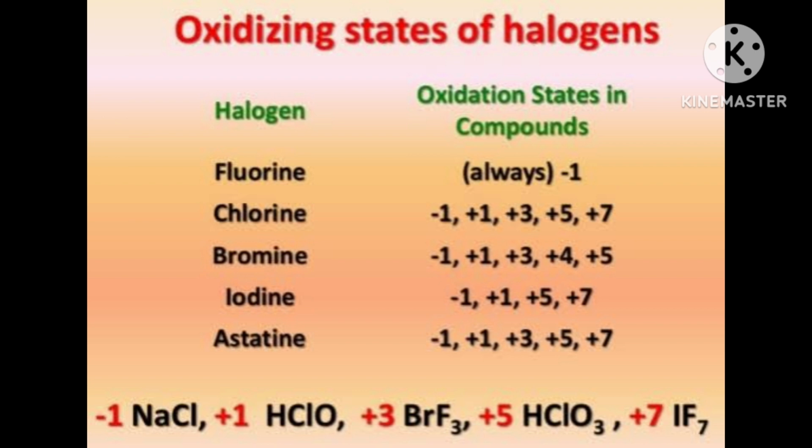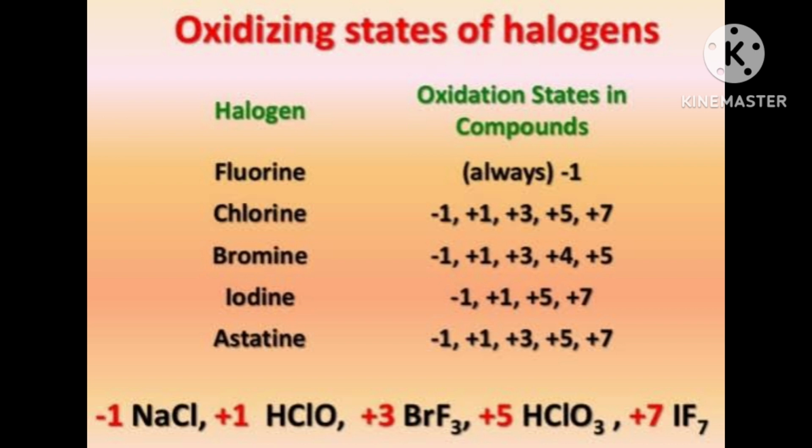Here also the last shell has 7 electrons. In all these electronic configurations of halogens, the last shell has 7 electrons.